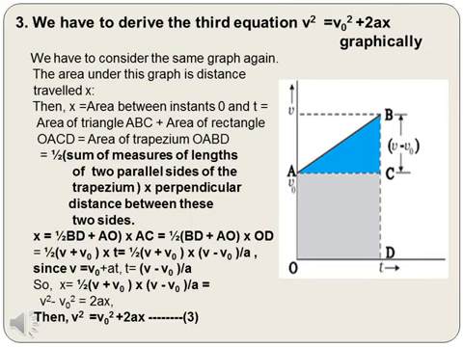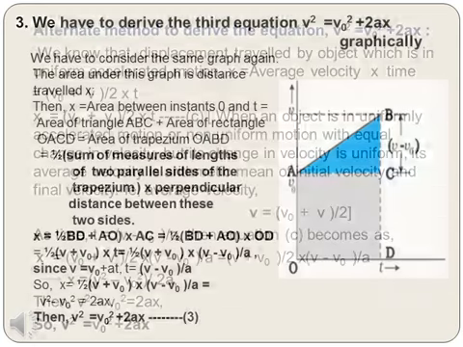So x is equal to 1 by 2 into (v square minus v0 square) divided by a, which takes the form of v square minus v0 square is equal to 2ax. Then v square is equal to v0 square plus 2ax, which is equation 3.